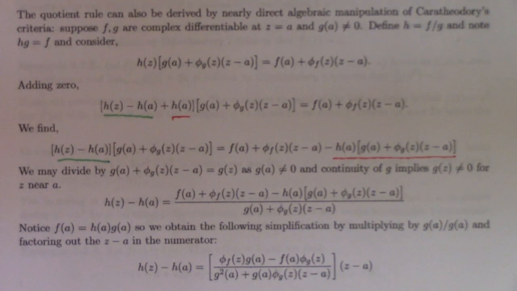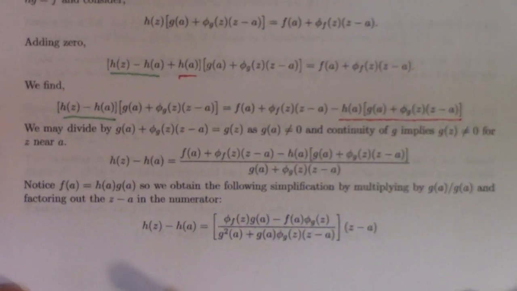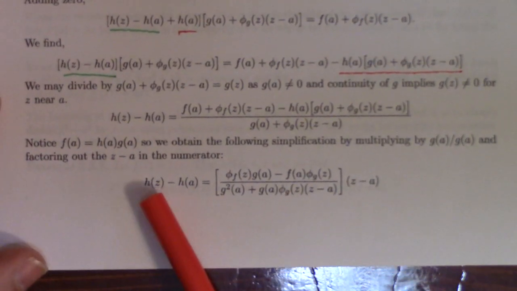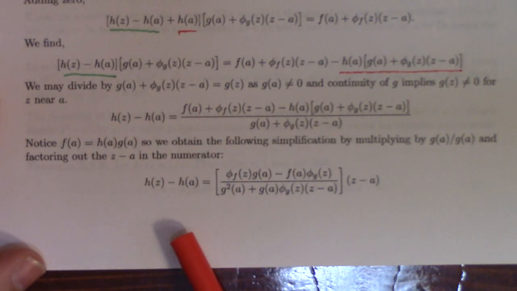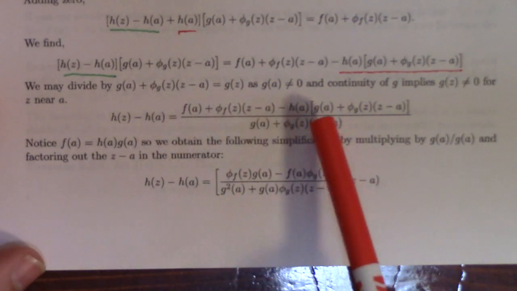And so to do that, I have to factor out the, I said f of a is equal to h of a g of a. Sorry, I'm an idiot. So I trade that for h of a g of a, and when I do that, this f of a cancels with that.